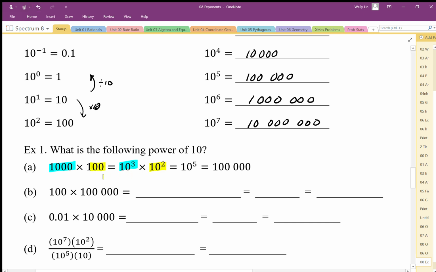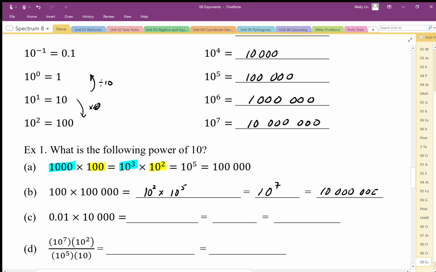And that's going to give us 100,000, or 10 to the power 5. We can just add the exponents up. We can add the multiplying by 10s up. So here I have 10 to the power 2 times 10 to the power 5. Well, really that works out to be 10 to the power 7, which is 10 million.